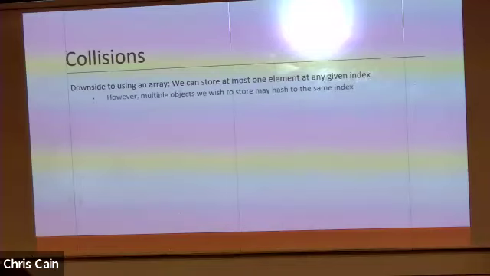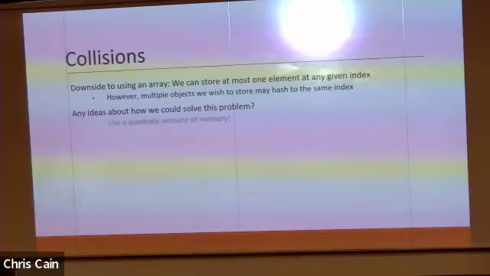So, of course, some objects we want to store could have the same index. What could we do? We could, of course, use more memory, but if we could have, we would have. Imagine that we're already at the maximum allowable size of memory that we want to dedicate to this problem.